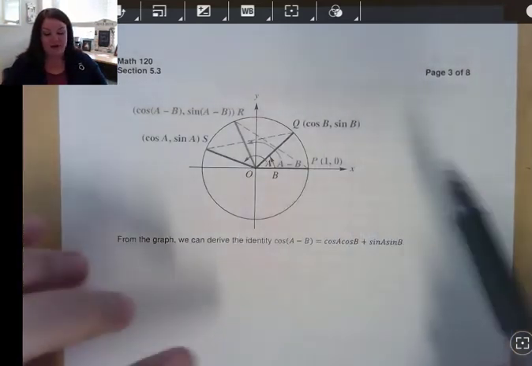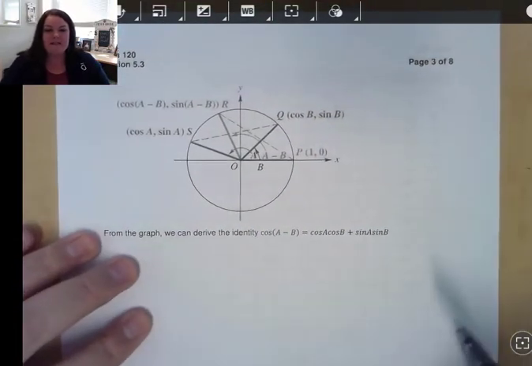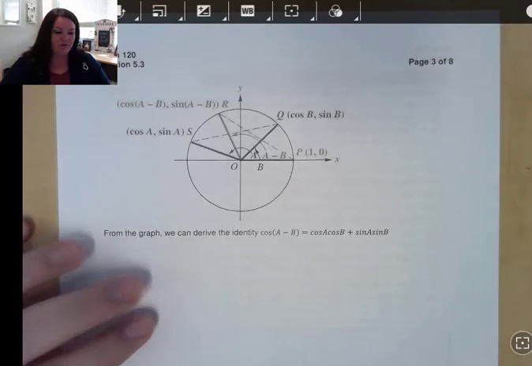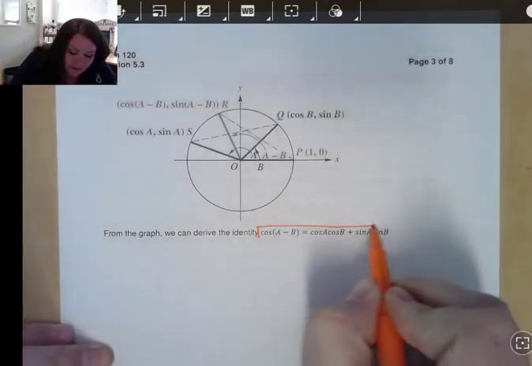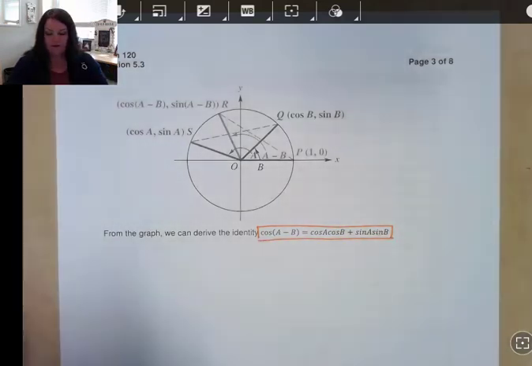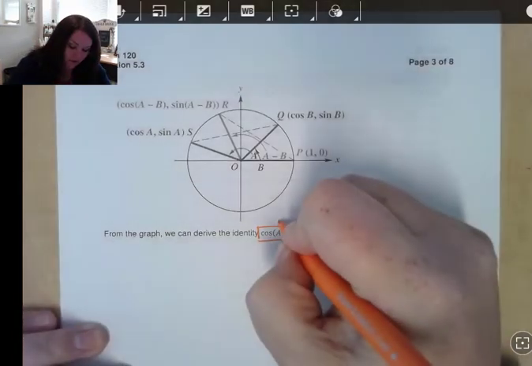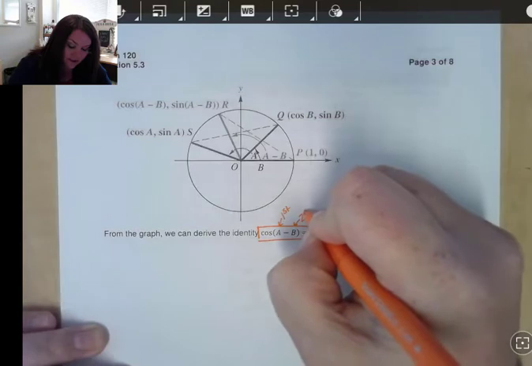So this is a really complicated looking hot mess, right? Basically, we're trying to prove this identity right here: that if we are given two angles, A and B, or you can think of this as your first angle and B as your second angle.